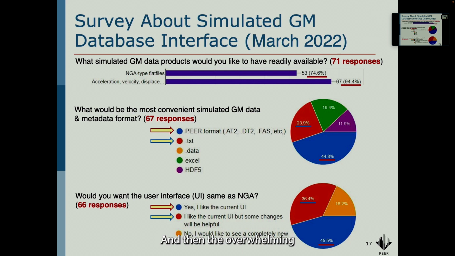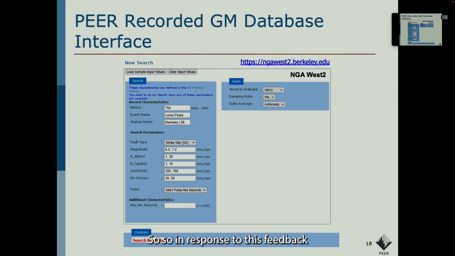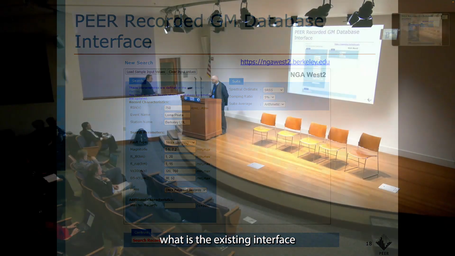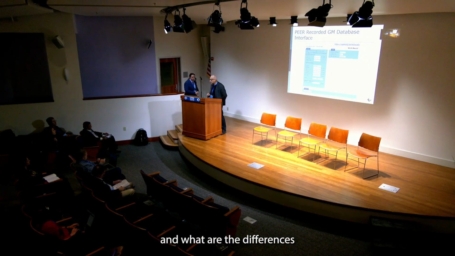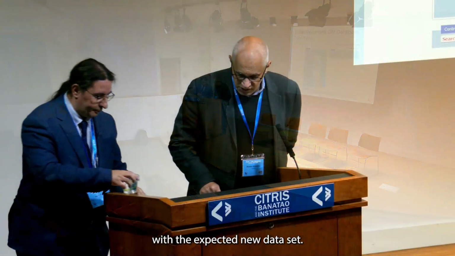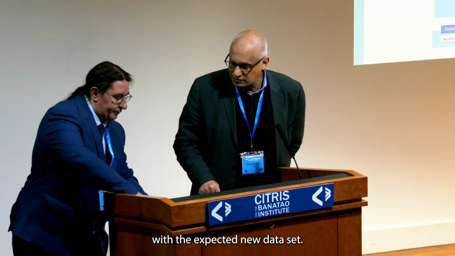And the overwhelming majority wanted something similar to the existing NGA, or something similar to the existing NGA with a slight modification. So in response to this feedback, that's what we are planning to do. So I'll pass it on now to Selim to talk about the existing interface and what the differences are with the expected new data set.